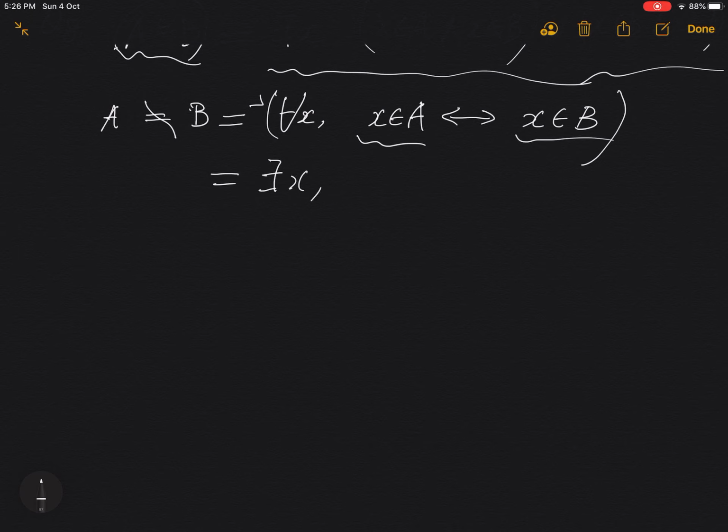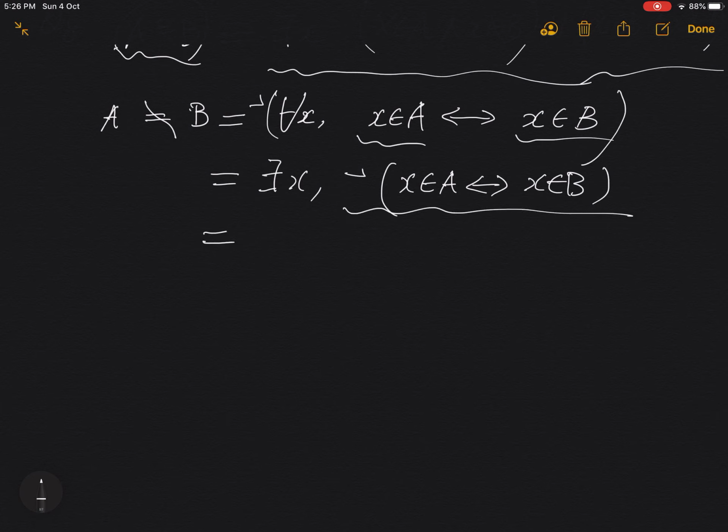And then for a biconditional statement, we have a negation. And then we need to separate the biconditional statement into two conditional statements.